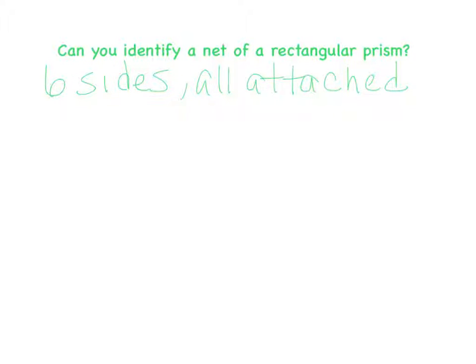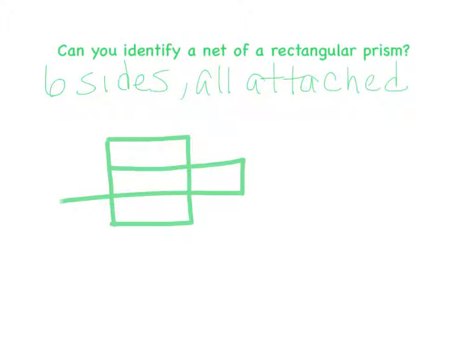Now, what if we had something that looked like this? So we had a rectangular prism, or we're asked to figure out, is this a rectangular prism? The first thing I would do is I would count the number of faces or the number of sides that the net has.